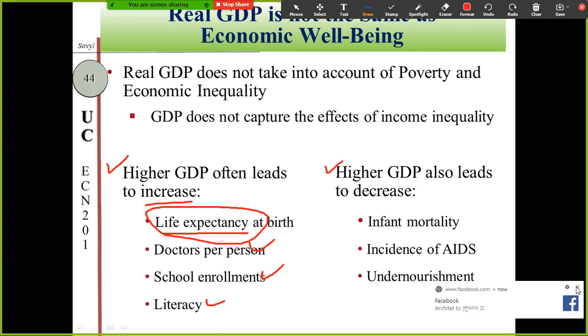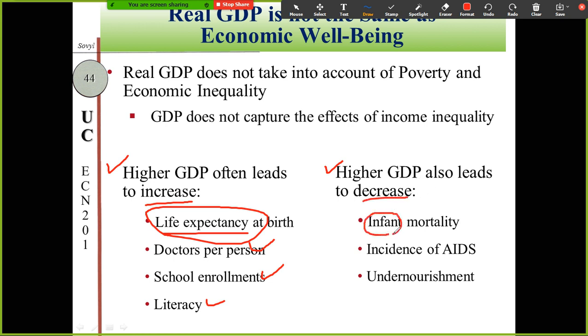The other way, people living in a higher GDP country tend to have lower infant mortality. Infant mortality means babies dying. So maybe they were born a week or a month ago and they die, including this. Normally a higher GDP country tends to have fewer baby deaths, and people protect themselves from disease and risk.